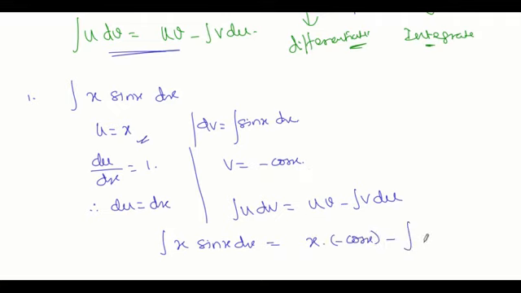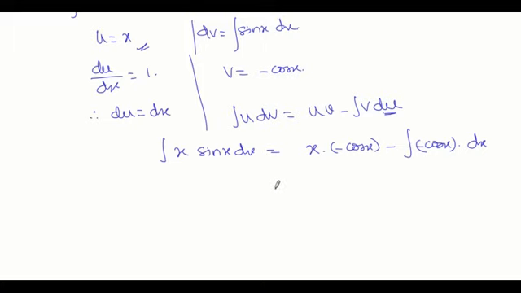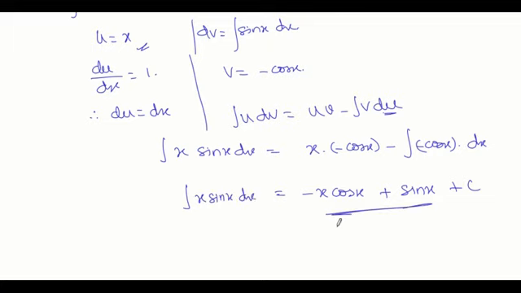Minus integral, v is minus cos x, into du, which is nothing but dx. Now it can be rewritten as minus x cos x, then minus and minus plus integral cos x, which is sin x. Now at last we can put the constant plus c. So integral x sin x dx is minus x cos x plus sin x plus c.